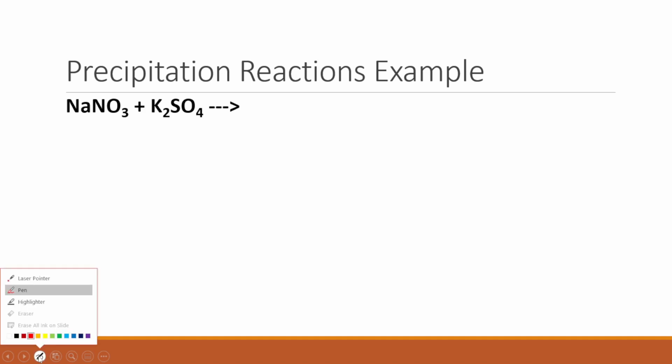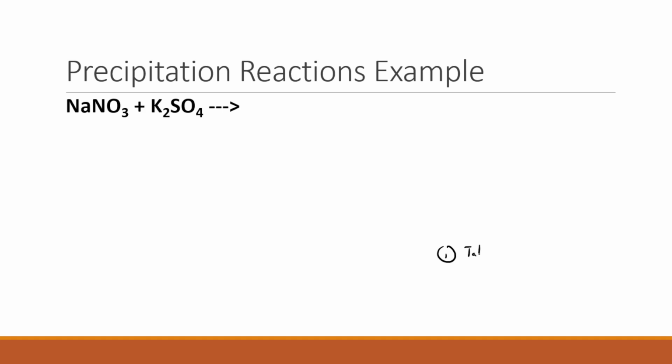First, let's make a list of steps here. First, we need to take apart our ions. Take apart our reactants. We need to figure out what are the ions that make up these substances. Second, we need to swap the partners.